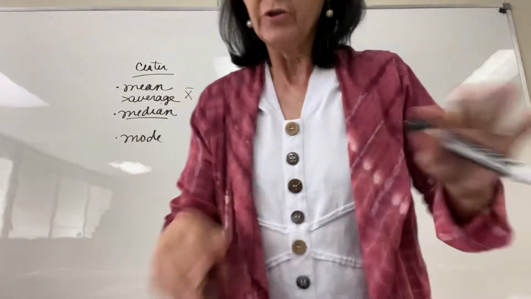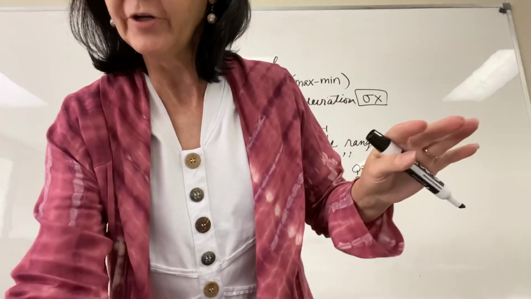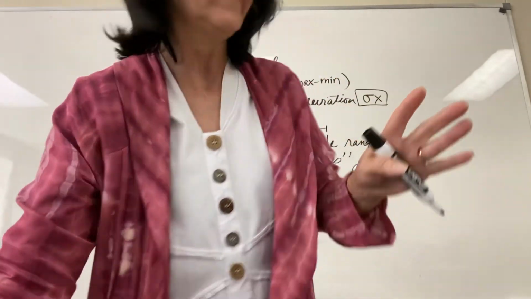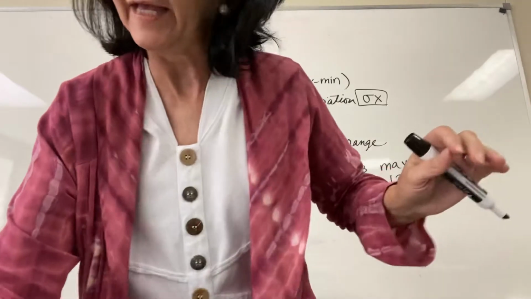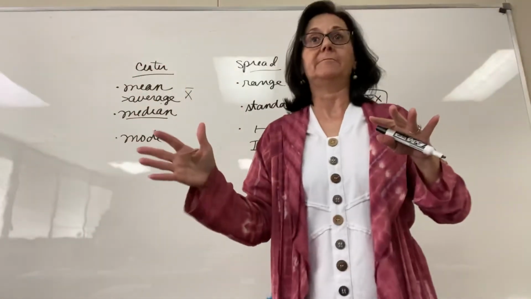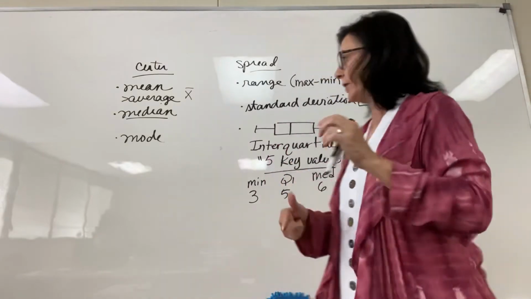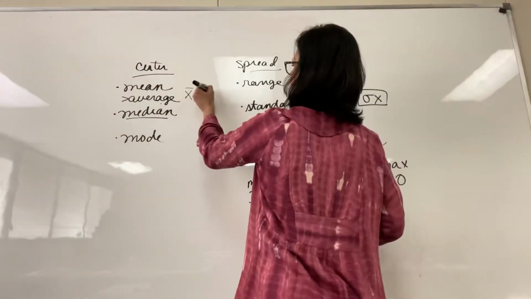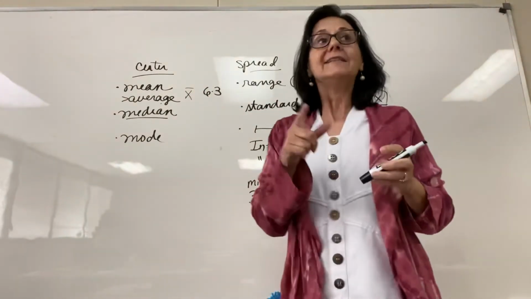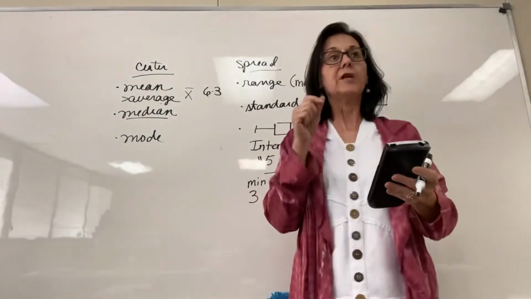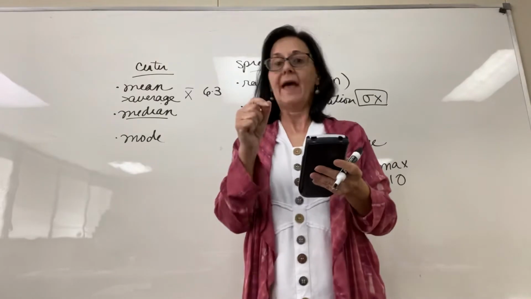Notice these numbers hovered around, they just went from 5 to 10, right? And the average was what, 6.3? All right, let's go change one of those numbers. Let's go change the 10 in that list.